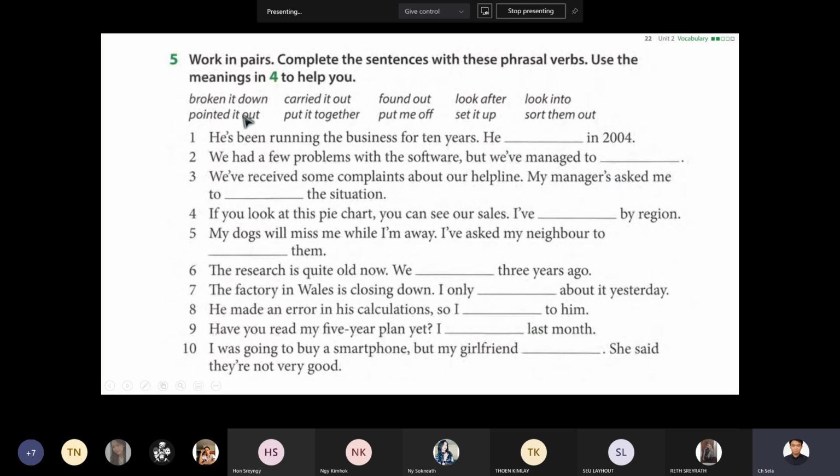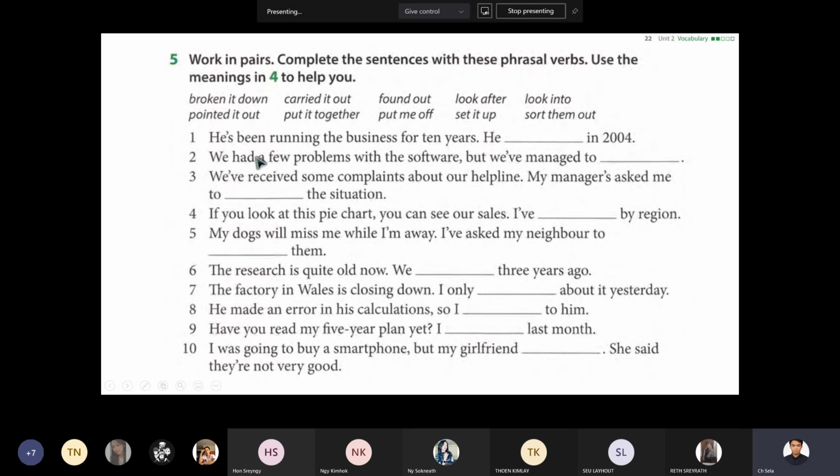Okay, so we have: broke it down, carry it out, pointed it out, put it together, found out, put me off, look after, set it up, look into, sort them out. Okay, we have number 1 until number 10.